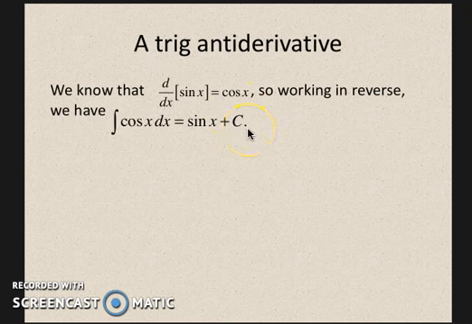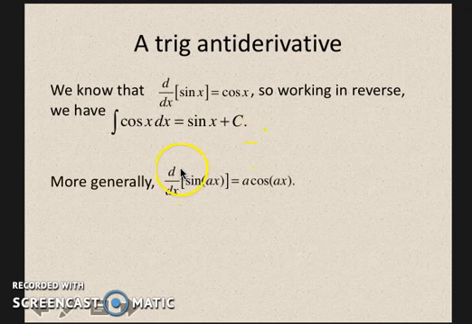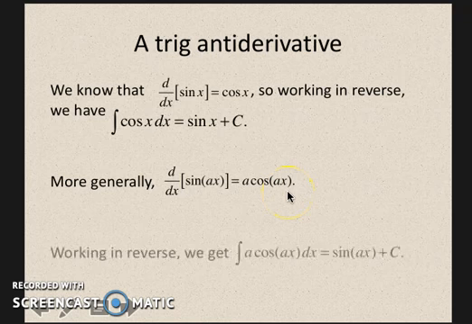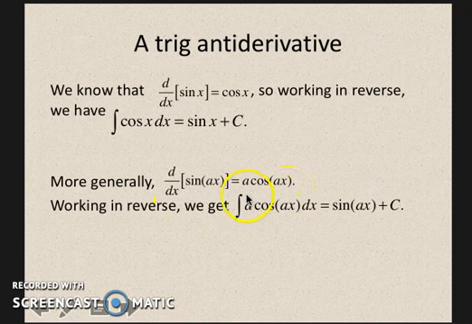More generally, when you take the derivative of sine of ax, you get a cosine ax. So when you try to find the antiderivative of cosine ax, what will you get? When you work in reverse, you take the antiderivative of this and try to get to this.